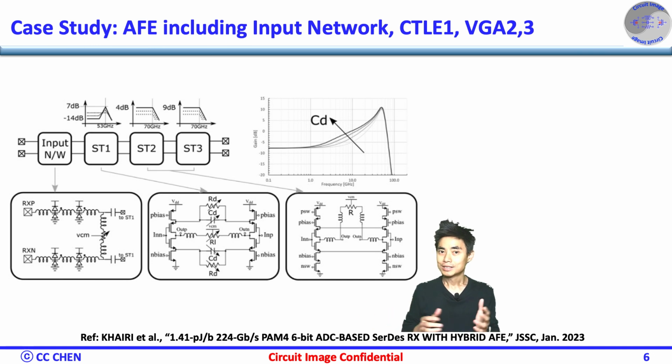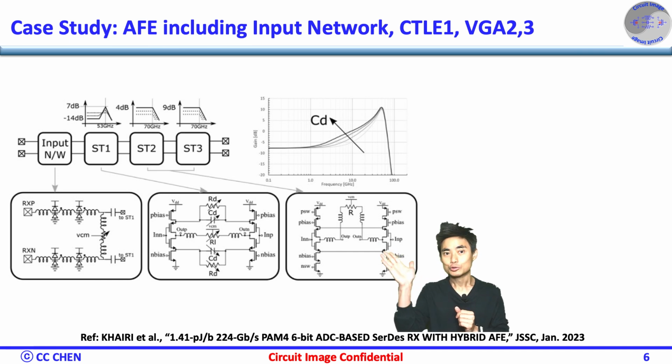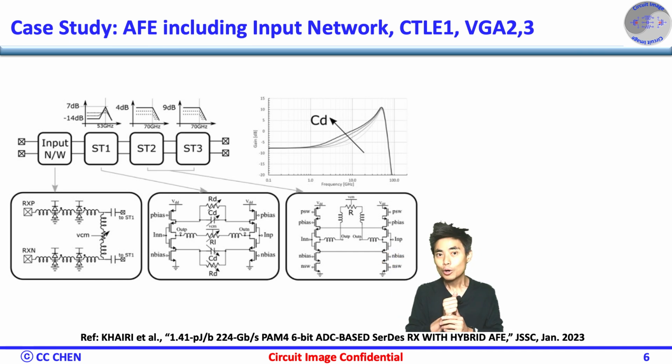In addition, the degeneration capacitance can control the mid-frequency slope of the transfer function, while the shunt inductor determines the gain at peaking frequency, roughly or greater than 56 GHz.